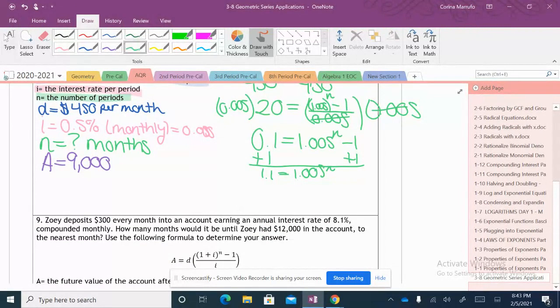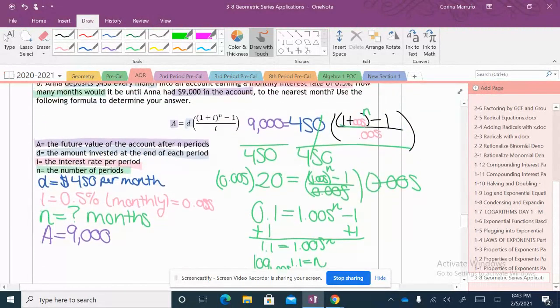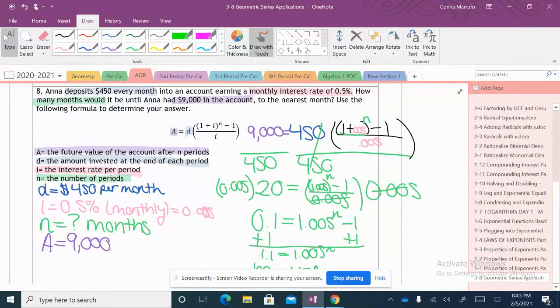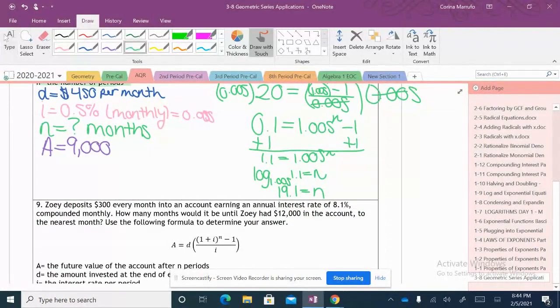So here I'm going to do log, my base is 1.005, of 1.1 is equal to my exponent. My exponent is n. I'm going to put that in my calculator exactly the way I see it. And this gives me 19.1. So 19.1 equals n. And in the problem, it does tell me to round to the nearest month. So 19.1 would round to 19 months.